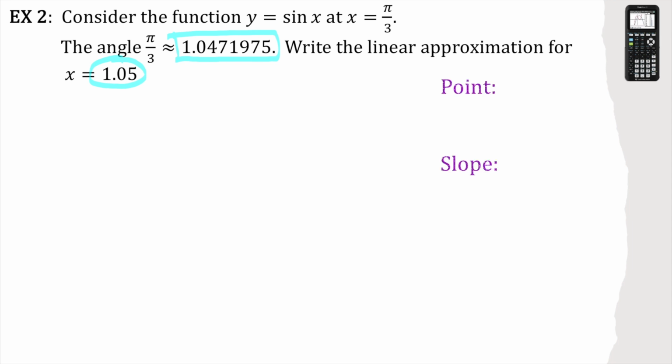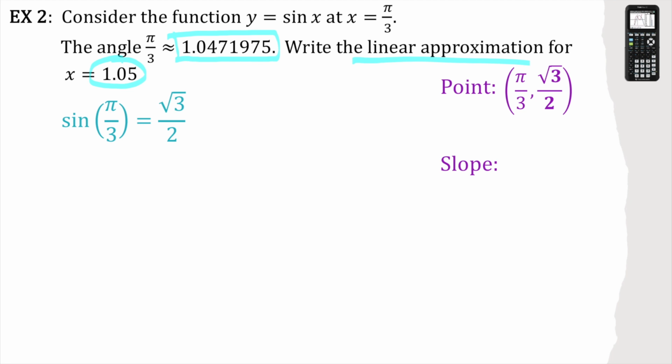Okay, well, we're going to need a point and we're going to need a slope to come up with our linear approximation. So for the point, we need sine of pi over 3, which is root 3 over 2. And then to get a slope, we're going to have to take the derivative of sine, which is cosine, and again plug in pi over 3. So the cosine of pi over 3 is 1/2.